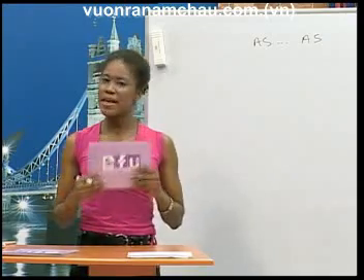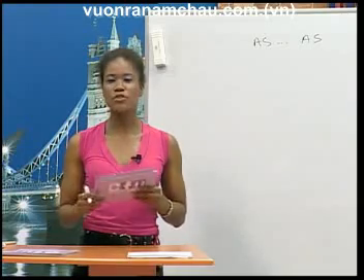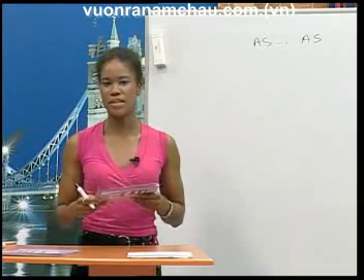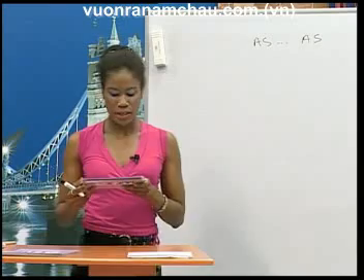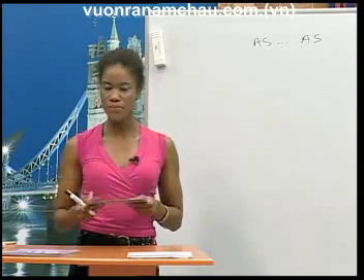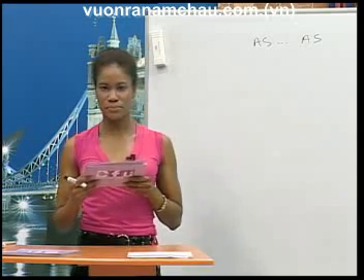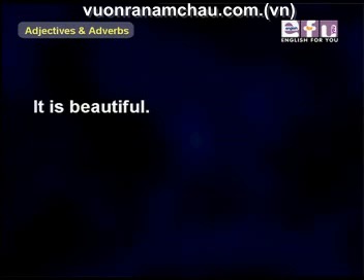Now remember, adjectives describe nouns. They are usually in front of the noun. They come before the noun. And we also know that sometimes they follow the verb to be. Here are some more examples. It is beautiful.